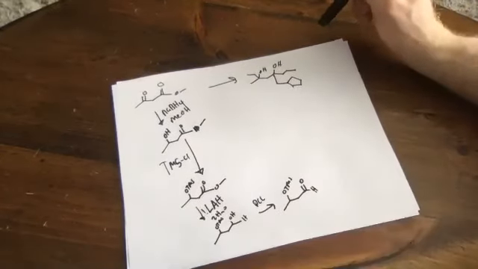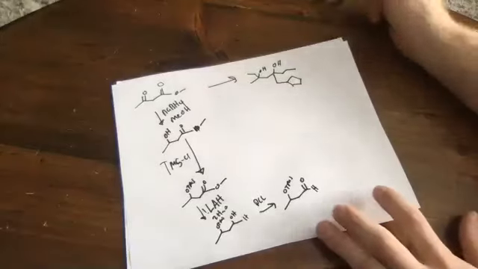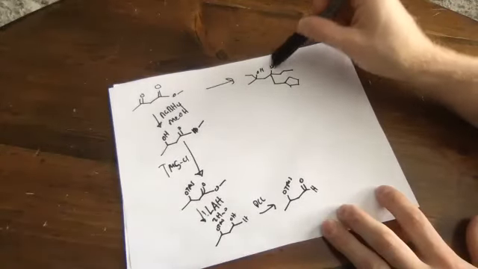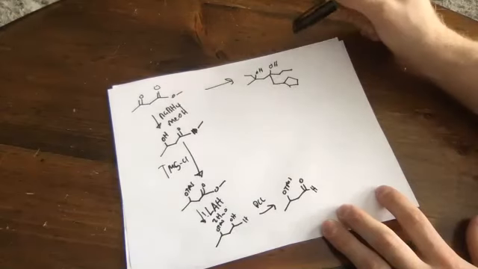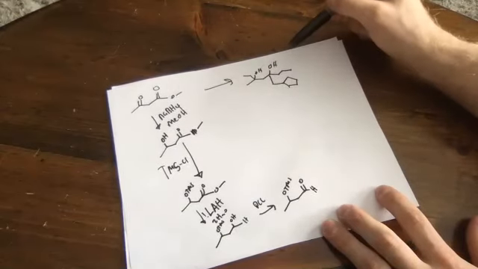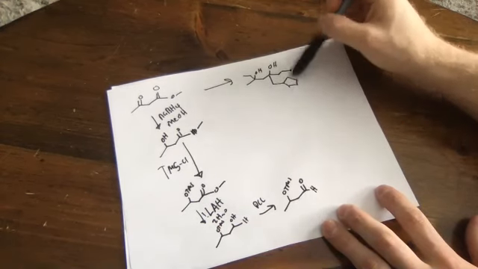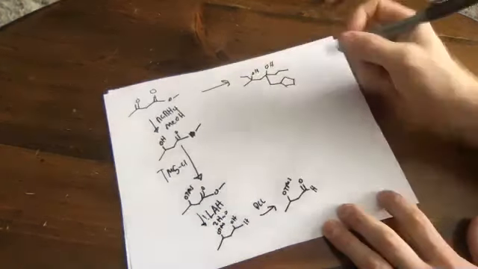So from here, we need to do a propyl Grignard as well as this cyclopentyl Grignard. I'm going to start with the propyl one.